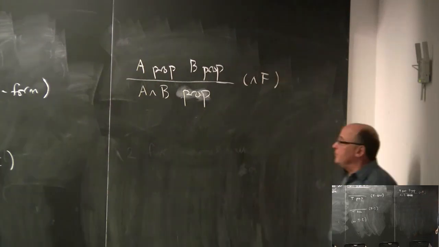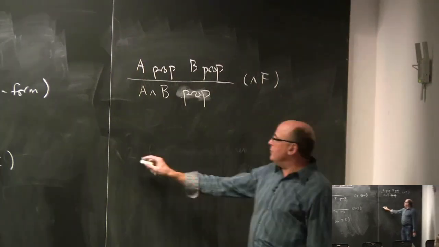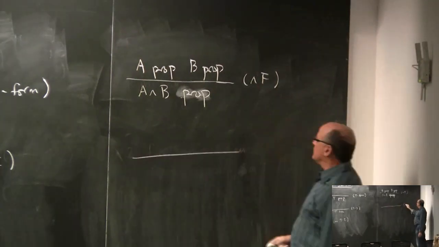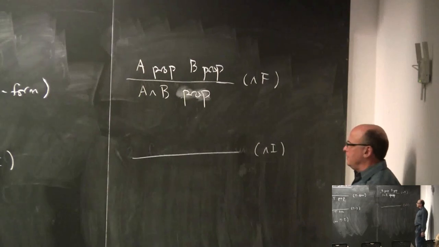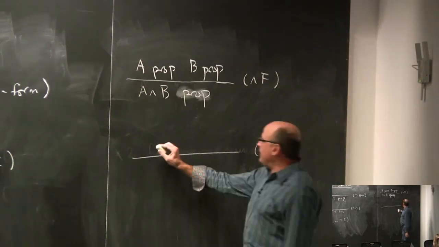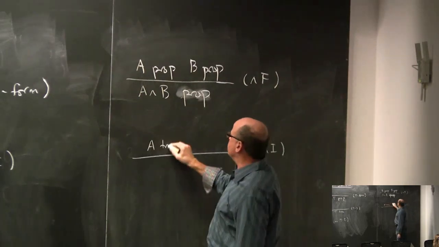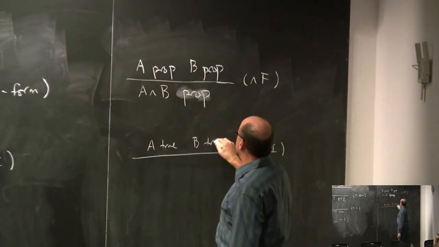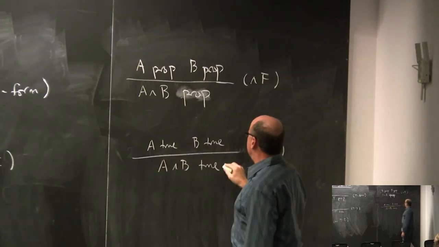If I give you any two propositions, I can conjoin them. What makes them a conjunction? Well, what is called conjunction introduction. And what is the idea? If A is true and also B is true, then their conjunction is true. So that's a straightforward thing.